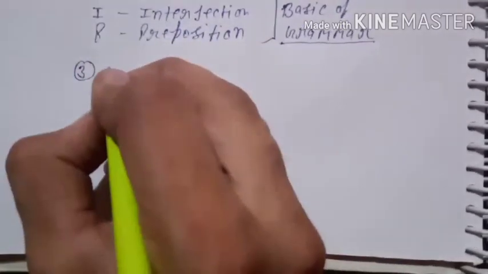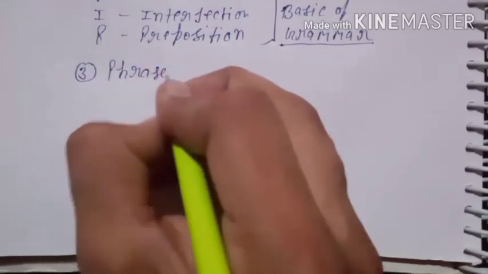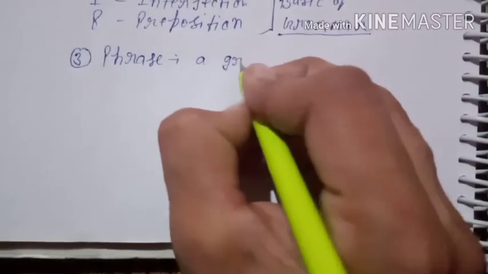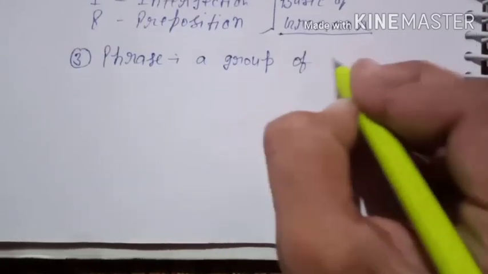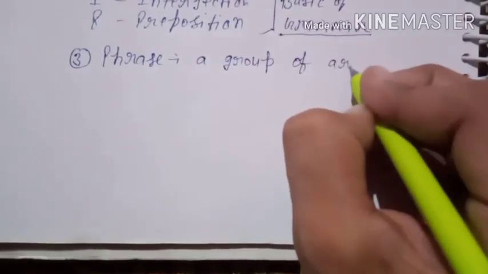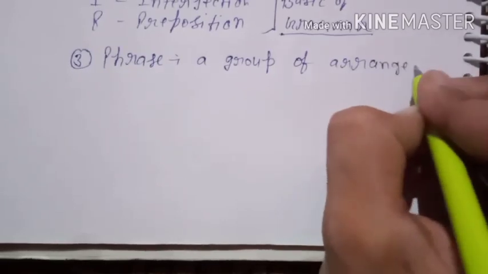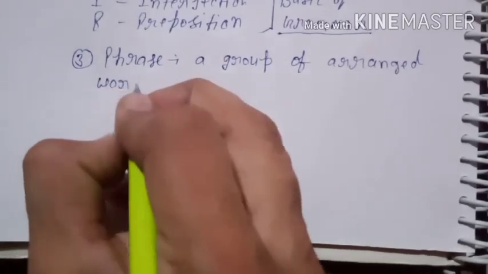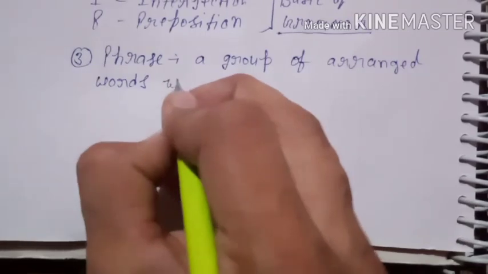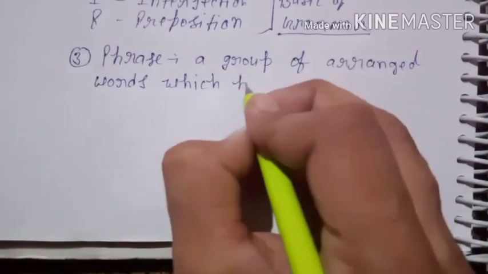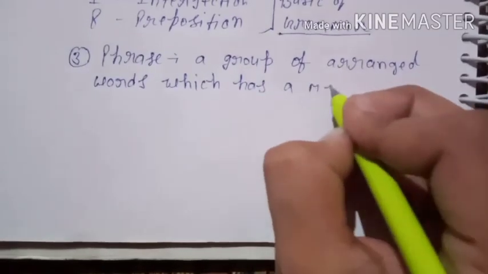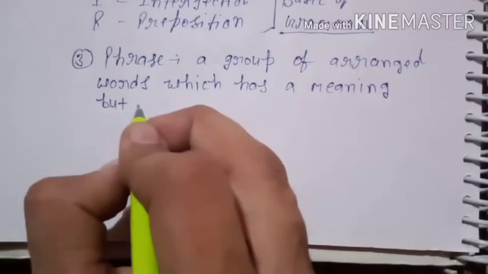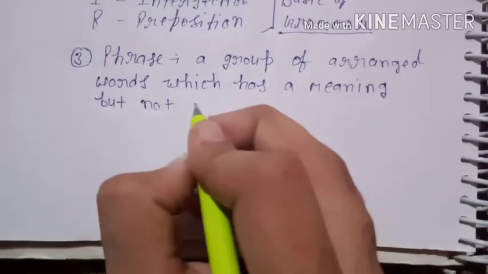What is phrase? Phrase is a group of arranged words which has meaning, but not complete.